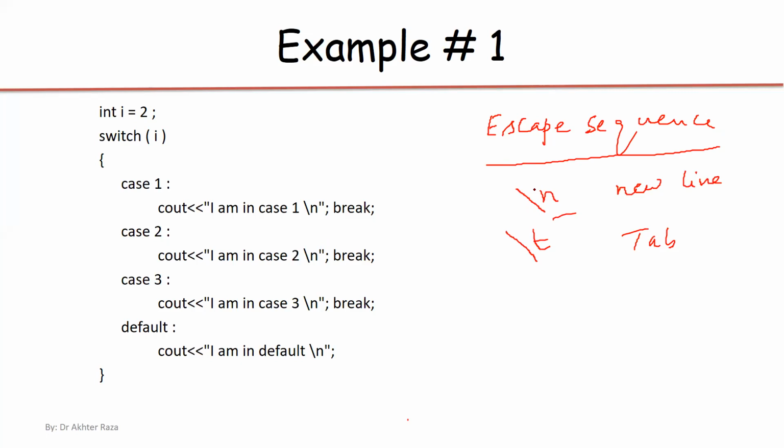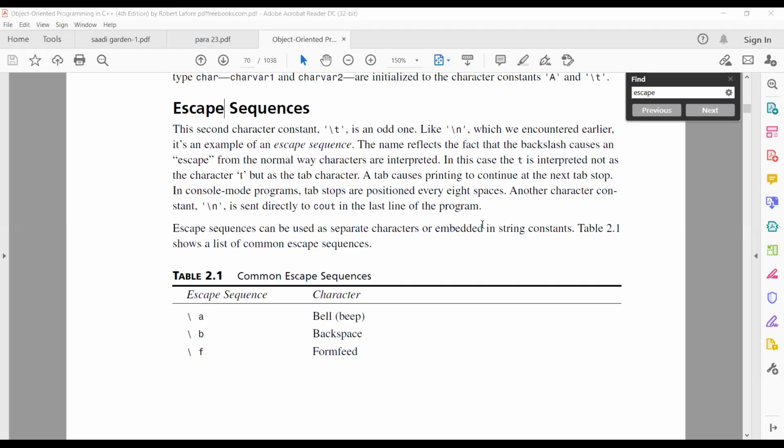And we have multiple escape sequences. What are escape sequences? An escape sequence is a string sequence that starts with a backslash and a letter, depending on what action is to be taken.